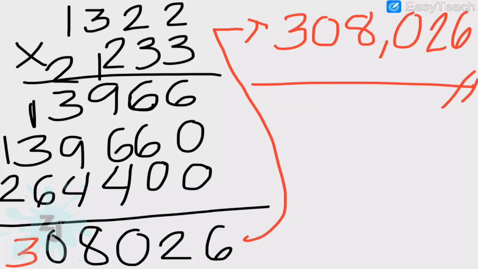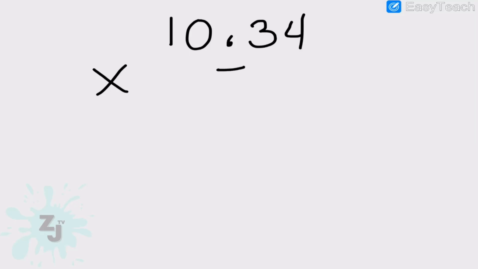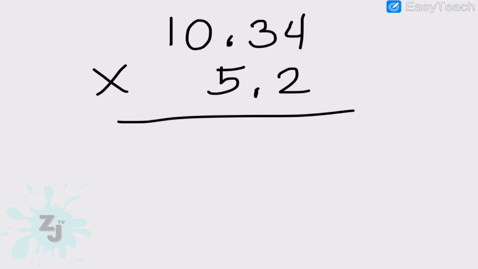Okay, so let's continue to our last example. $10.34 multiplied by 5.2. So how to solve this?